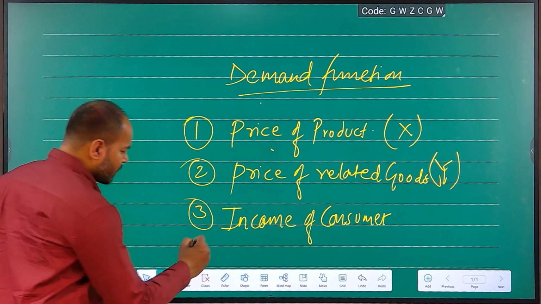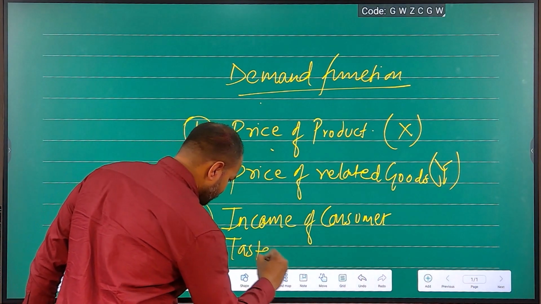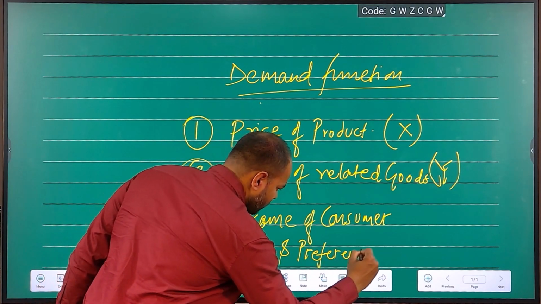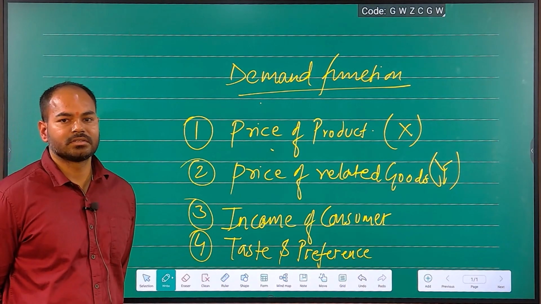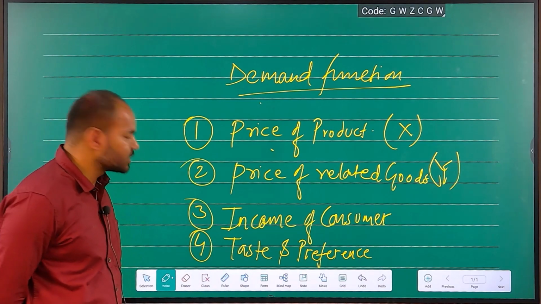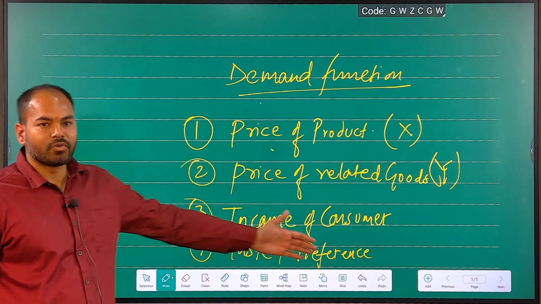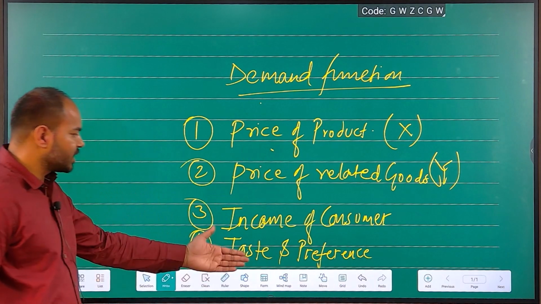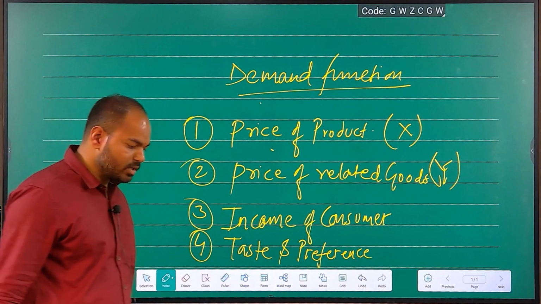The next important factor is consumers' taste and preference. Based on preference, people buy, and because of this, companies do promotion and advertisement activity, because a company wants its product preferred over other products. Therefore taste and preference, or brand value, is another important thing.